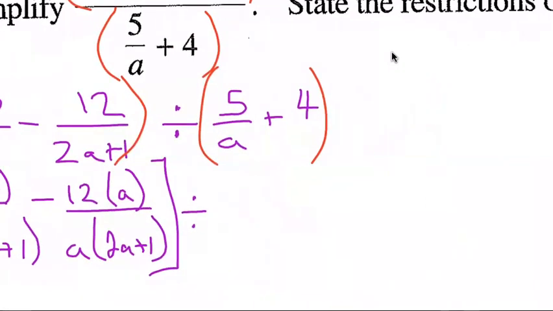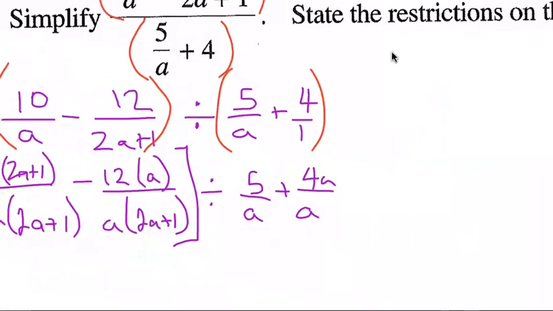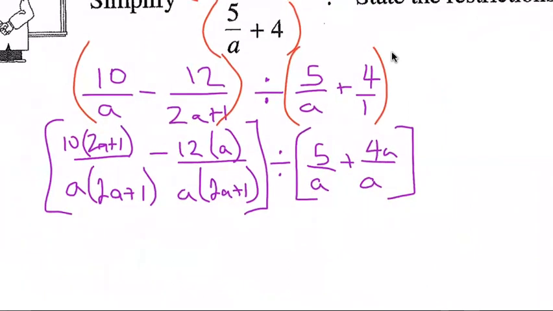Divided by, put this over 1. Common denominator is a. So it's 5 over a plus 4 over 1, 4a over a. I have to multiply by a. This is also in its own bracket. On my left-hand side, I'm going to expand and distribute. Oops, no, bad arrow, bad line. There. And there we go.